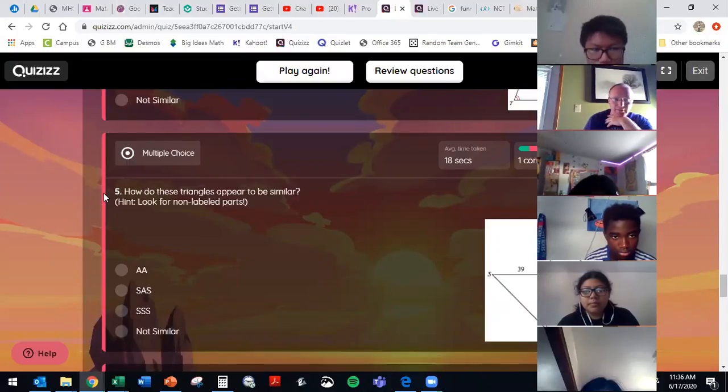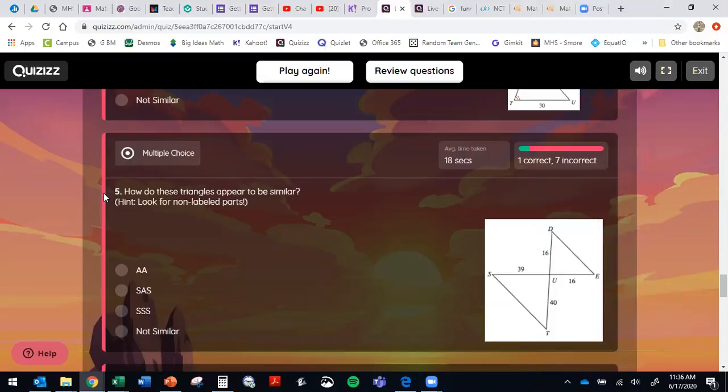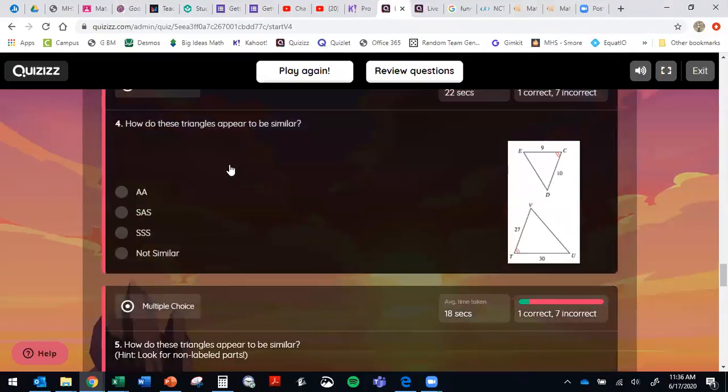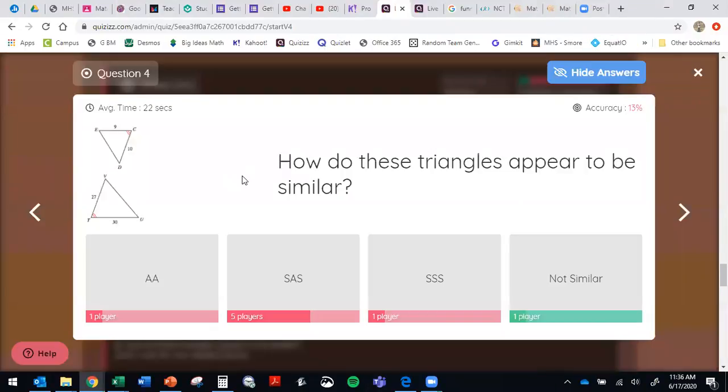All righty. Let's keep on keeping on here. Sliding up again. Okay, how do these appear to be similar? All right, so for this one, we have the base being 9, or I would call it the base because you could flip it over.